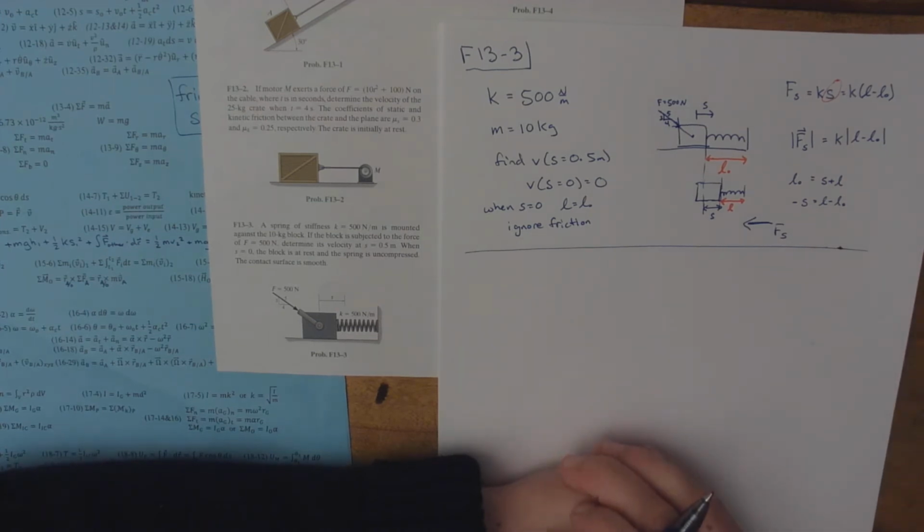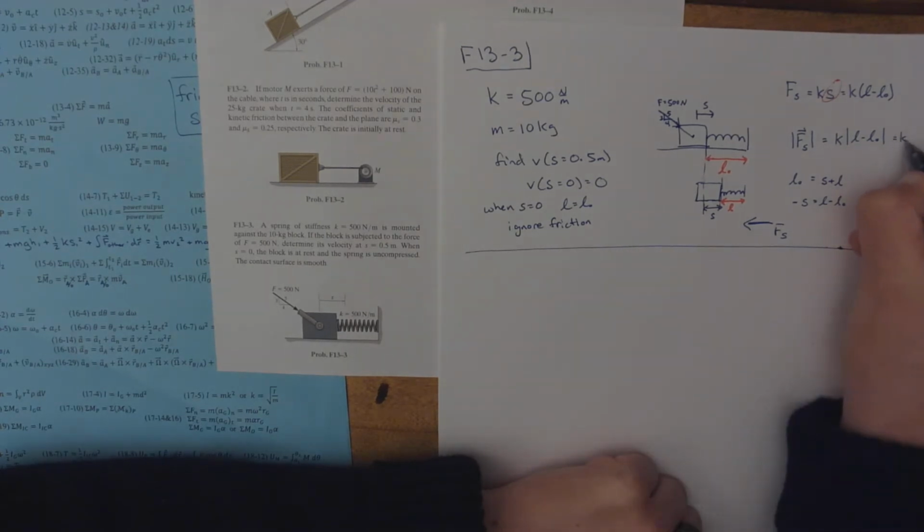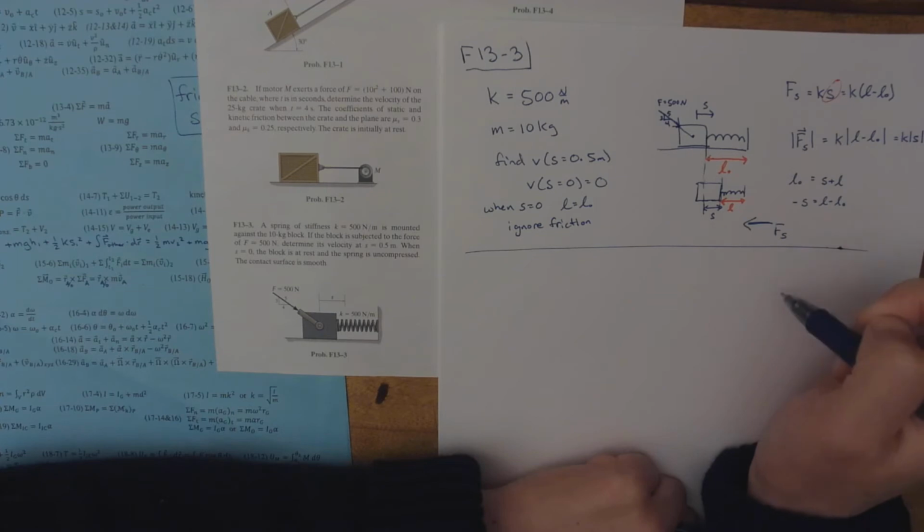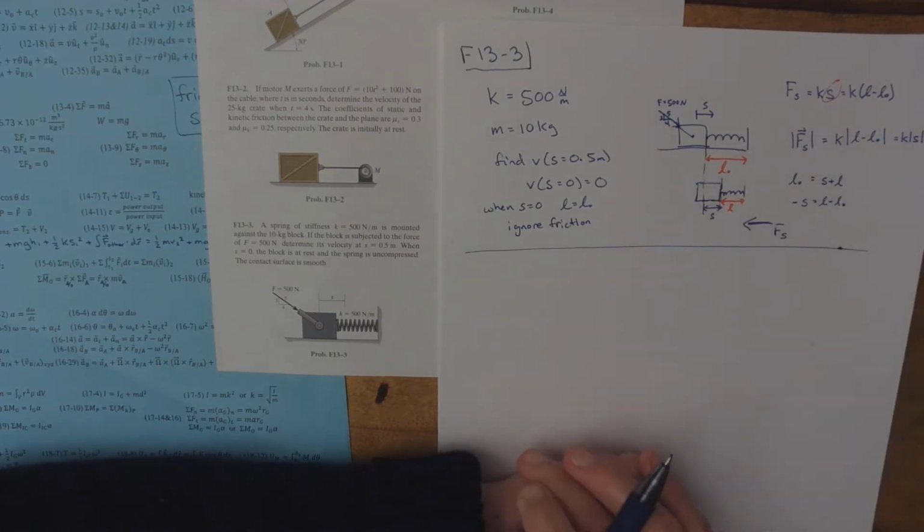That might be a better way of doing things. You could say k times the absolute value of s, and then it wouldn't matter that the s in this equation has the opposite sign of the s that they give you, because if you're just looking for the magnitude, then the absolute values would be the same.